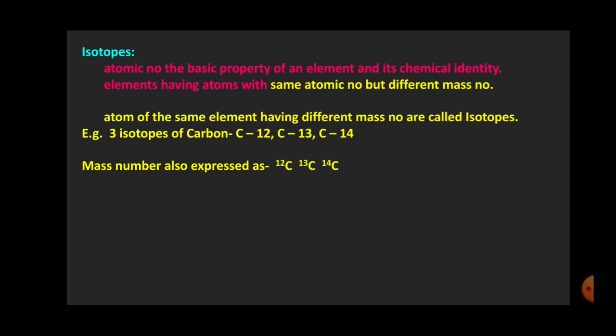Now what do these three carbon atoms express? In C12, the total of protons and neutrons is 12, whereas in 13C it is 13, and in the third one it is 14. So what is different in these three? The number of protons is the same, but the neutrons are different. Got it? So these are called isotopes.